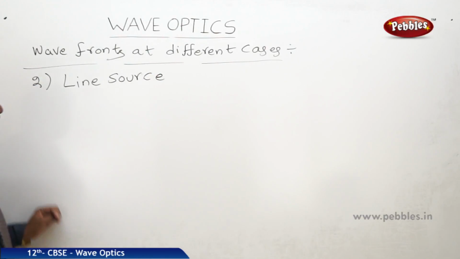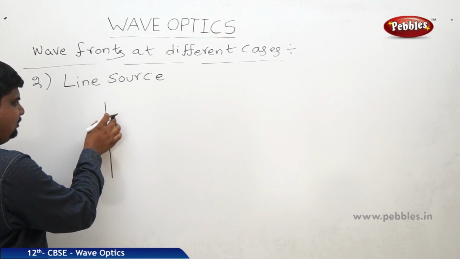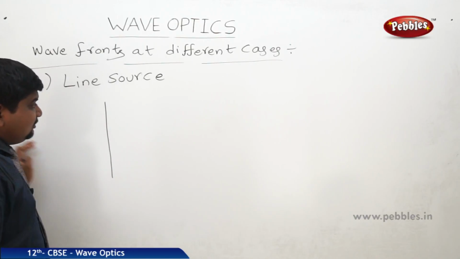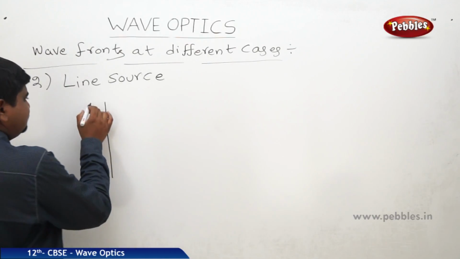If it is a line source, then this is the line source. Along this line source, the light or waves are emitted. Then the wavefronts will be coaxial cylinders.